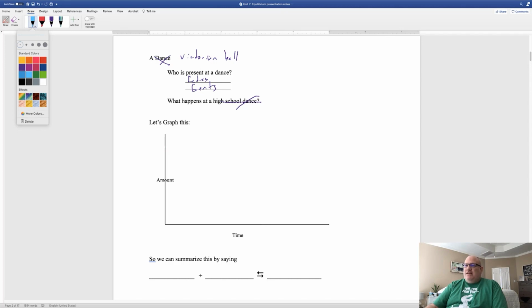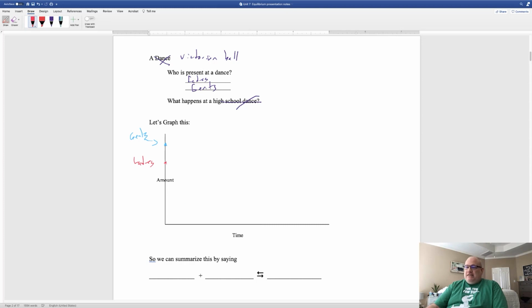So at the beginning, all of this is the spot for the gents, and here we'll make another spot for the ladies. Okay, you have a certain amount of gents and a certain amount of ladies at the ball.